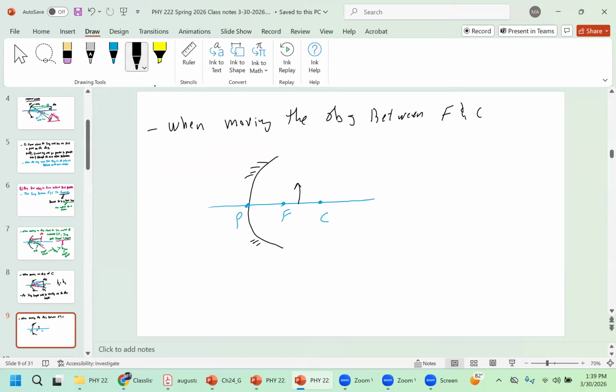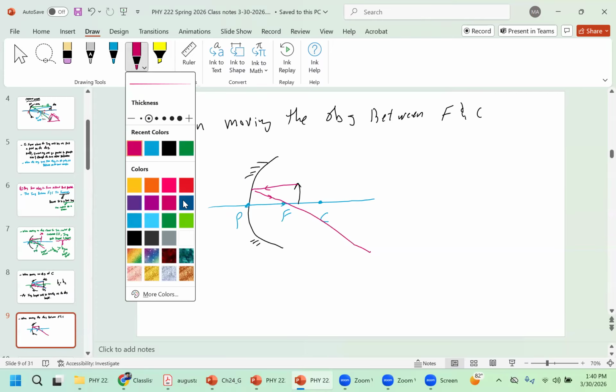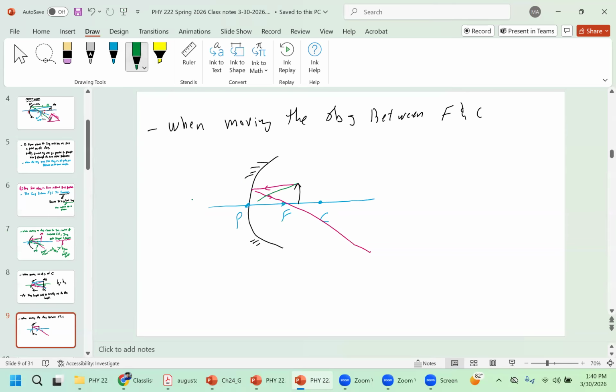So what's going to happen? You're going to have a light ray going in. Let me get a different color. Again, parallel through the focus. And we said it's going to go. Let me go ahead and label these. Let me try to get the same angle. Yeah, that's better.